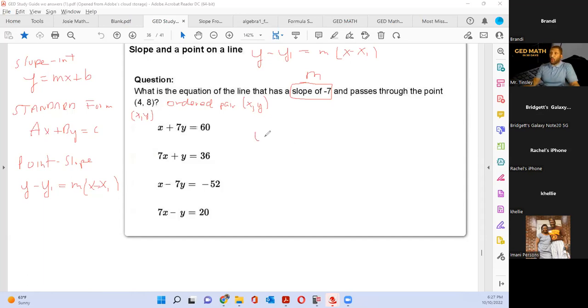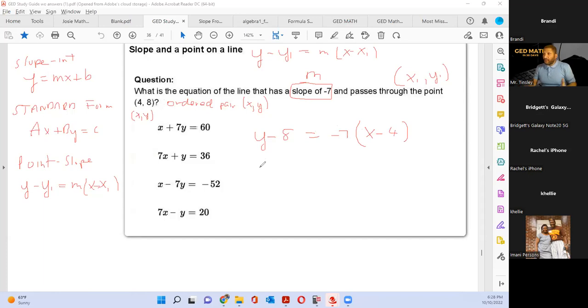So watch this. Y minus Y1, the point we're going to use is X1, Y1. This Y1 is coming from the point, so 8. Y minus 8 equals the slope, -7, times X minus X1, which is 4.